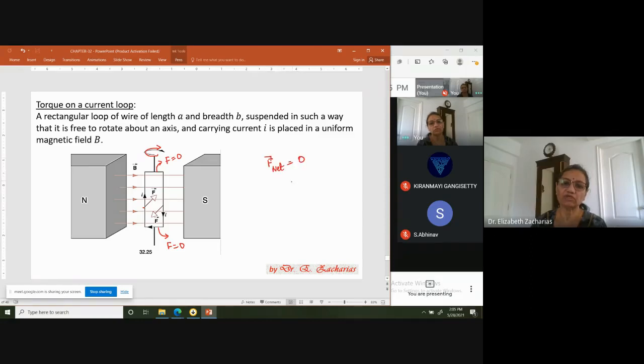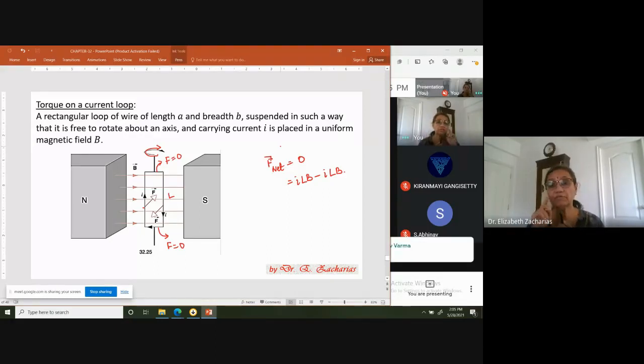It is going to be ILB minus ILB, if L is the length. Please remember the force will be perpendicular to B and L, which means it will be perpendicular to the page. One vector going out and one vector going in. So the net force is going to be 0.